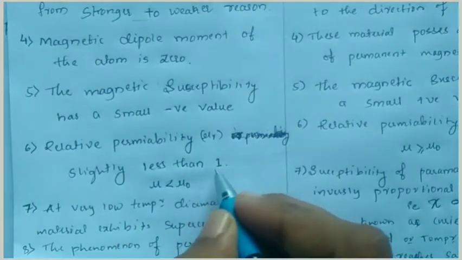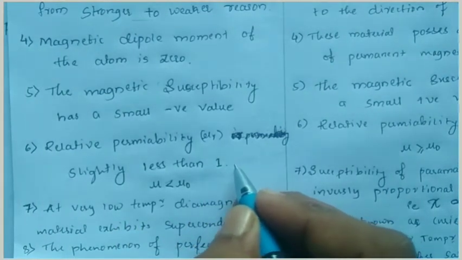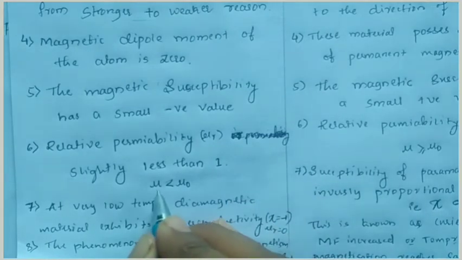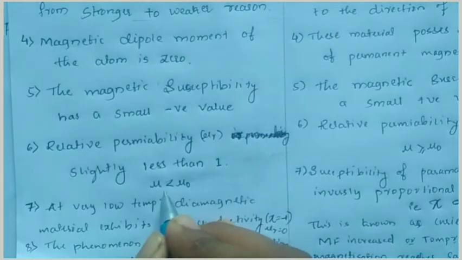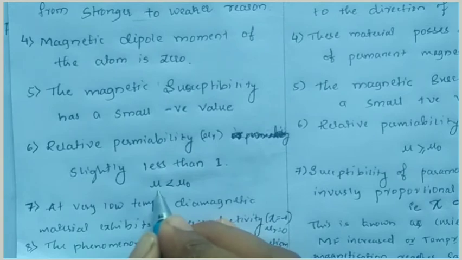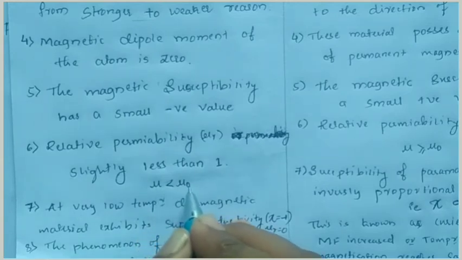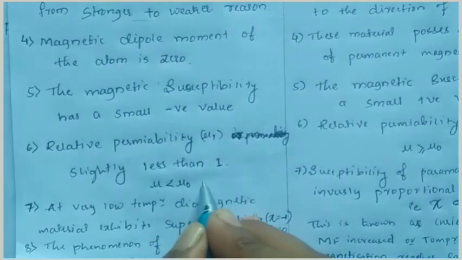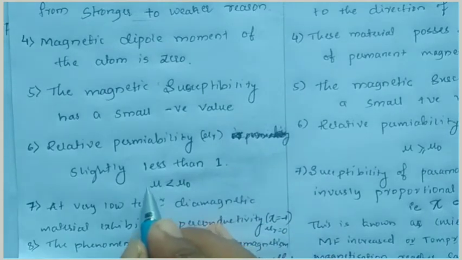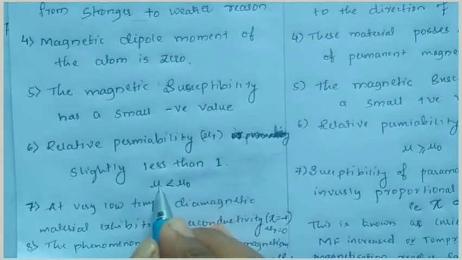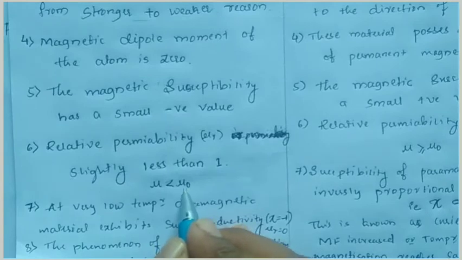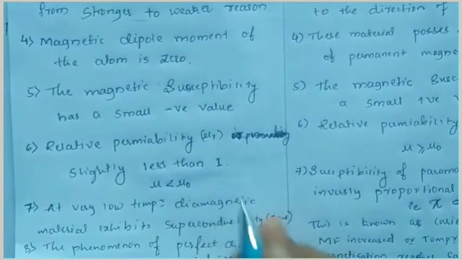That's why its value is less than 1. And mu is the permeability, so the permeability of the material is less than mu naught, the permeability of vacuum. The permeability of diamagnetic materials is less than the permeability of vacuum.